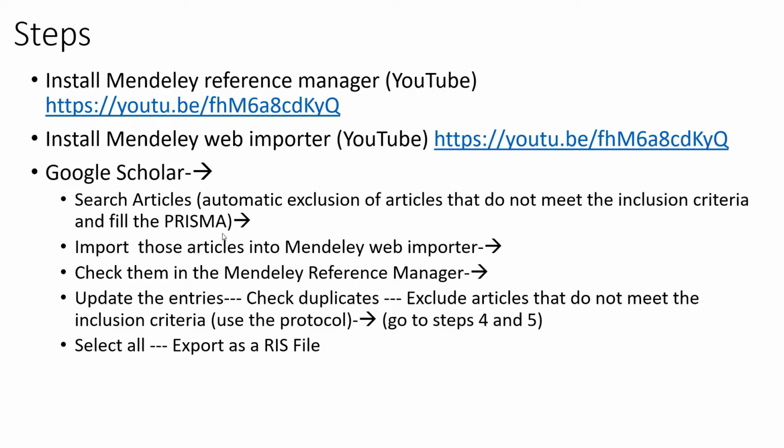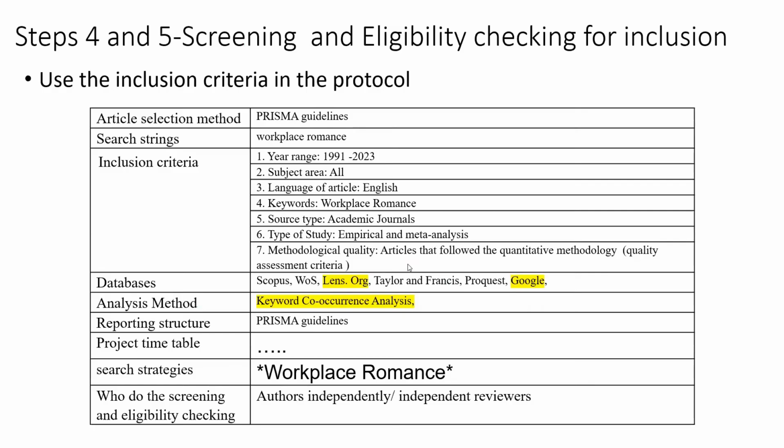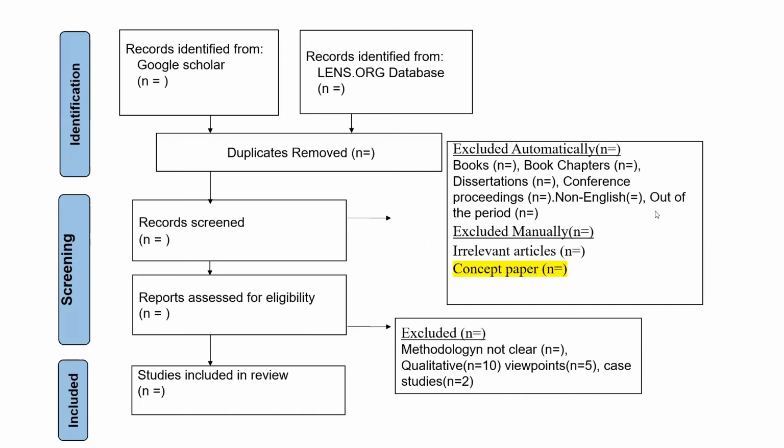Then we did that. Search articles, that is, automatic exclusion of articles that do not meet the inclusion criteria, and fill the Prisma framework. So now we need to use the Prisma framework, right? So here is the Prisma framework, as you can see. In the first session, there were so many other frameworks, but the Prisma framework is highly recommended for systematic literature review.